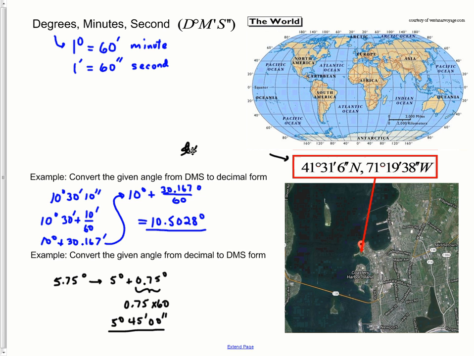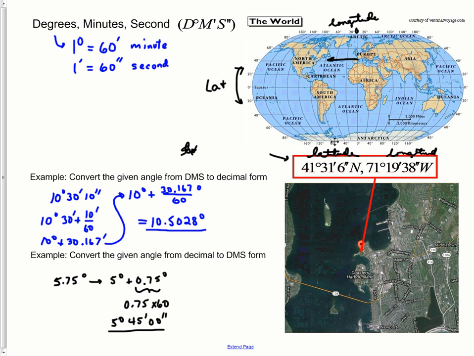This is called a latitude. Latitudes go north and south here. And your longitude. Longitude is measured from Greenwich, England, so right about here, 0 degrees, measured east and west. That's our longitude.